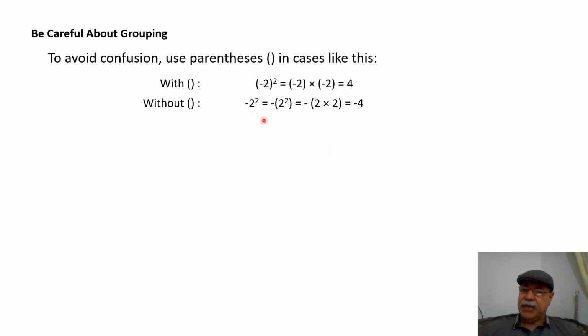Without the bracket it comes out different, and we get a different answer. Here it becomes negative, here it becomes positive. That's why you must put the group in the bracket in order to get the right answer. If you do it without the bracket, it is different.